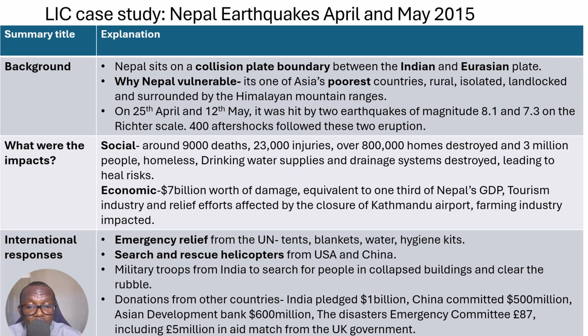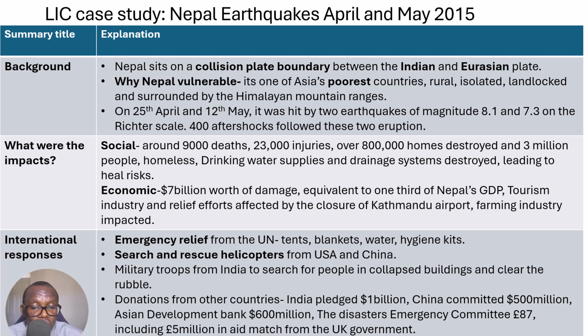And the relief efforts were affected by the closure of Kathmandu Airport, which is also a problem because in terms of trade through the airport, that also was disrupted. In terms of tourism, that was disrupted. So the earthquakes actually caused quite a bit of disruption here. Then the farming industry as well was disrupted because the crops were destroyed, and people were also not able to farm, and so on.